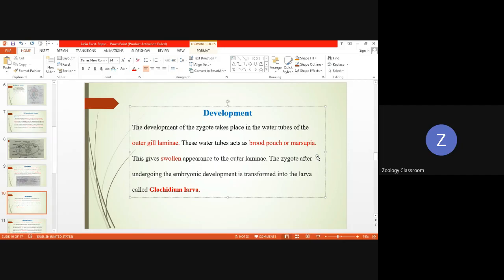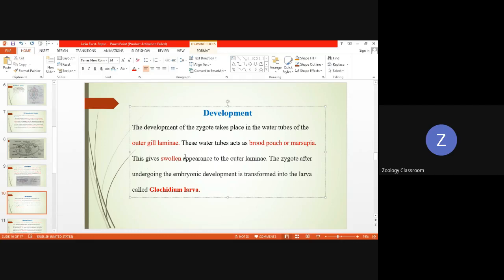Can you name that mammal? Kangaroo. Yes, very good. The kangaroo has a marsupium, and we often see the young one, even as a juvenile, come and go into this marsupium. Likewise, that is why it is compared with the marsupium, or in other words, it is called a brood pouch in which the development takes place.